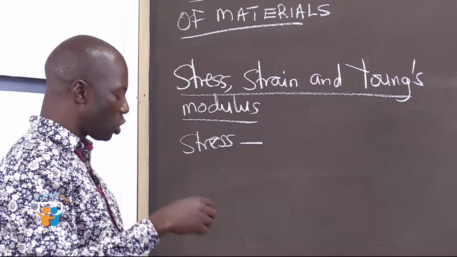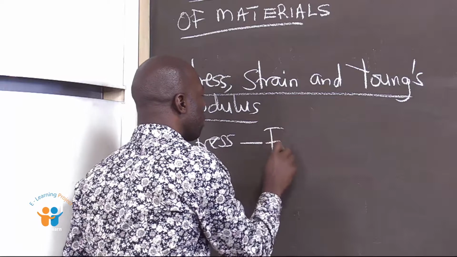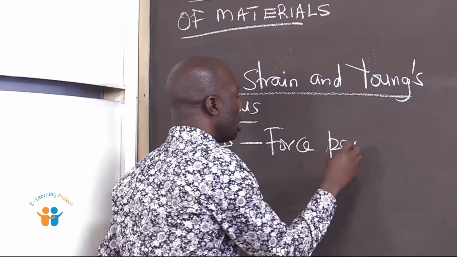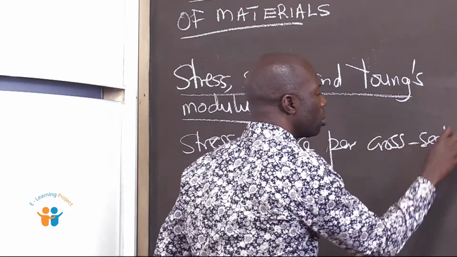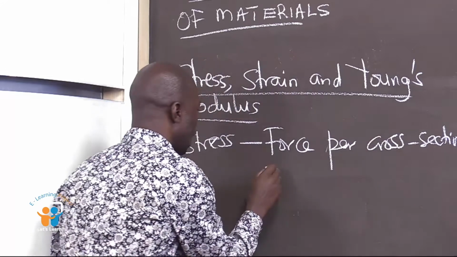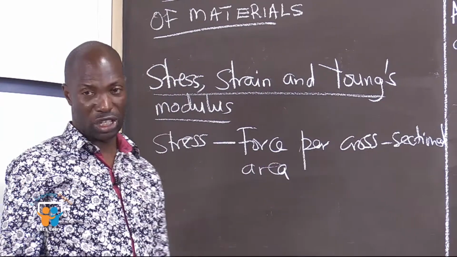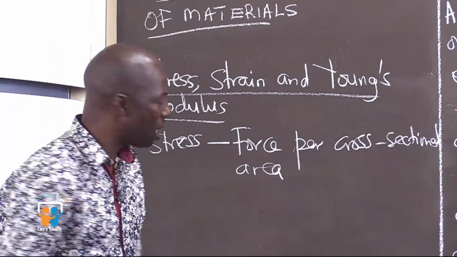So what do we call stress? Stress is the ratio, or we can just say force per cross-sectional area. It sounds so much like pressure, and since it is also force over area, of course the units will be the same as for pressure.